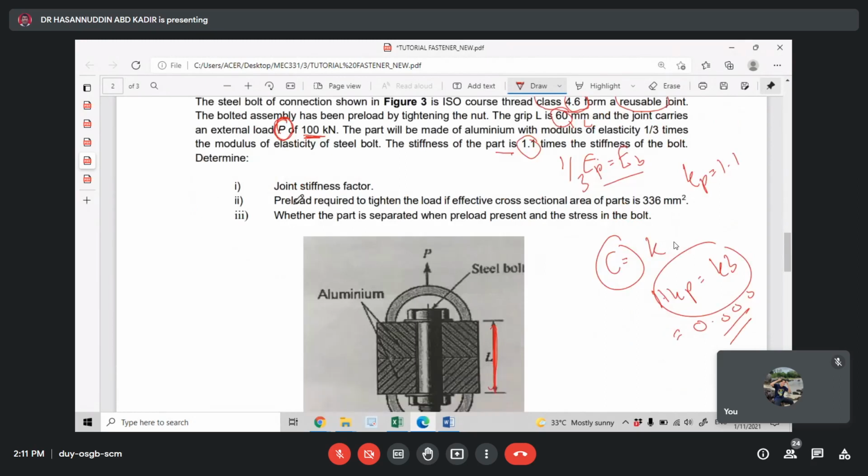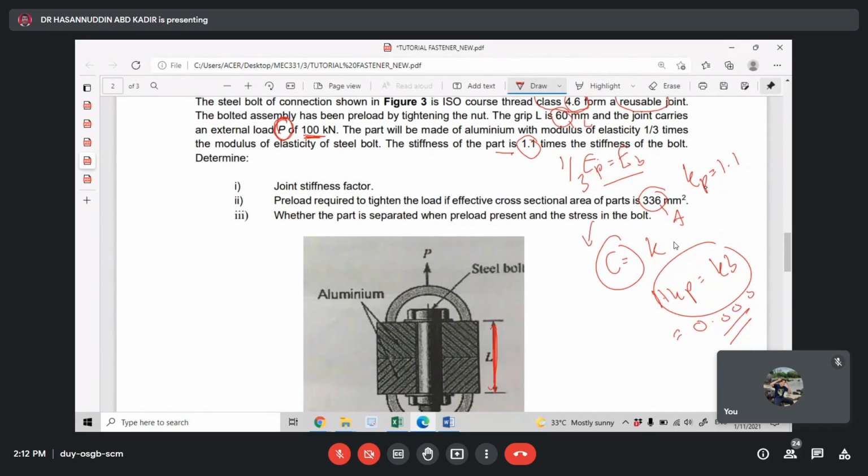So lepas tu dia minta you to find FI, preload, times the effective cross section area of the part is 336. Okay, ni dia value from ni, preload. Kamu akan dapatkan lah dia punya value of A. Whether the part is separate when the preload present and the stress in the bolt.